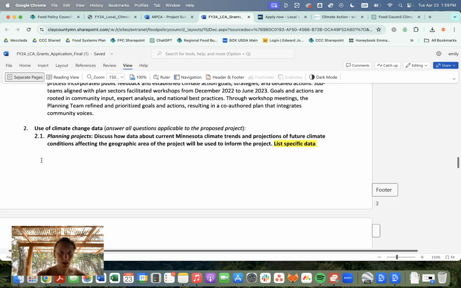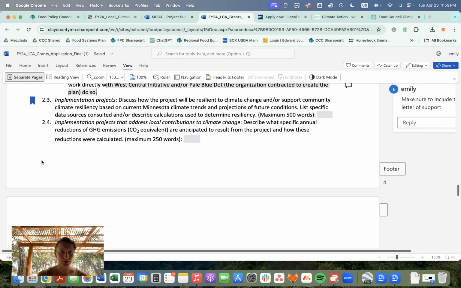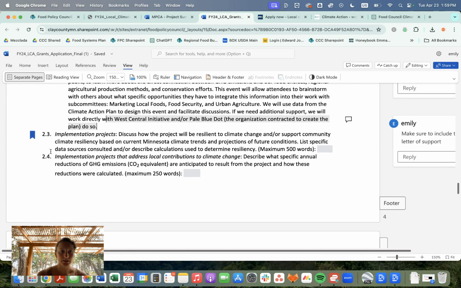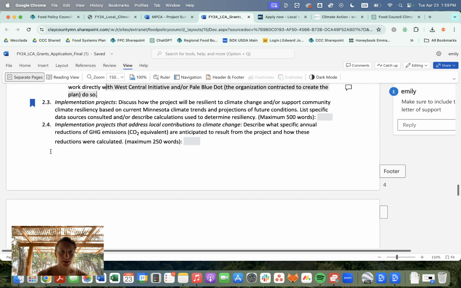So, coming back to these questions, we're looking at implementation projects. Describe what specific annual reductions of greenhouse gas emissions are anticipated to result from the project and how these reductions were calculated. I'm really struggling with that one. So I'm going to be asking my project team about that in a couple of days to really think about, okay, where are we going with that?